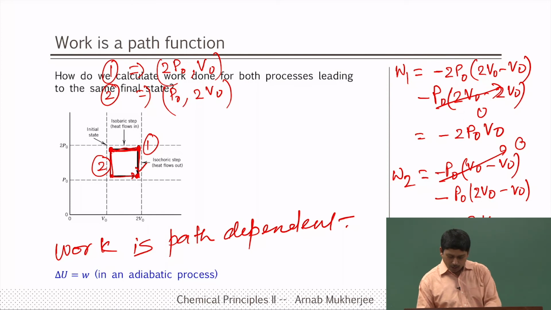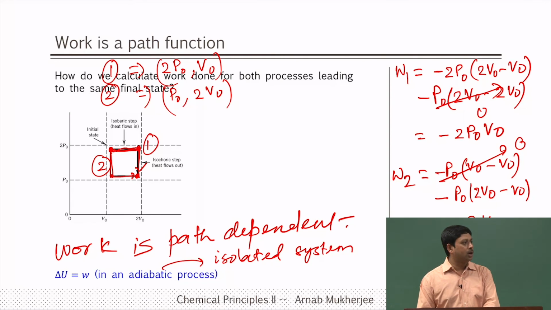So, in an adiabatic process, or in the case of an isolated system, when no heat input or output is allowed, the system uses its internal energy to do the work. And we can write that delta U, the change in internal energy, is equal to the work done on the system, not by the system.